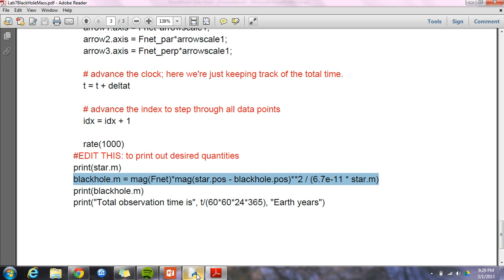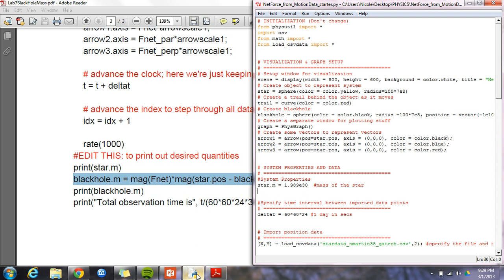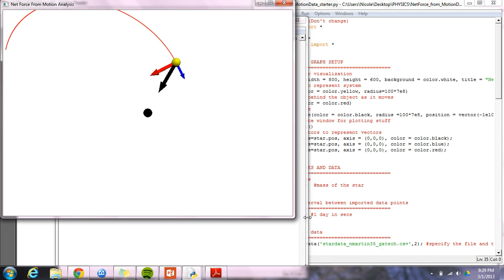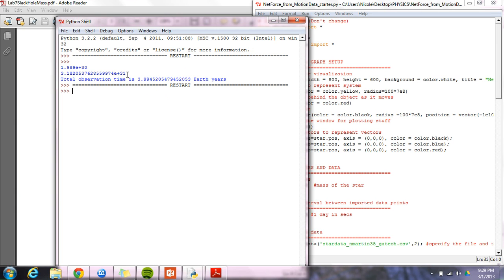And so if we run the code, that's what we're given. We have Fnet parallel, Fnet perpendicular, and this is Fnet. And here is the mass of the black hole.